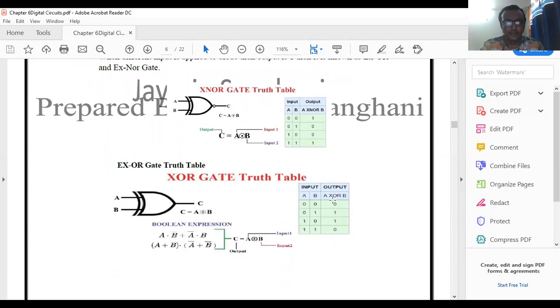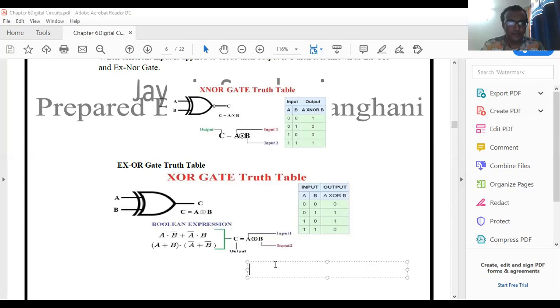So when the same input is applied to the gate and the output is 0, it is known as XOR gate. If we apply different inputs, then output is 1. So it is known as XOR gate.